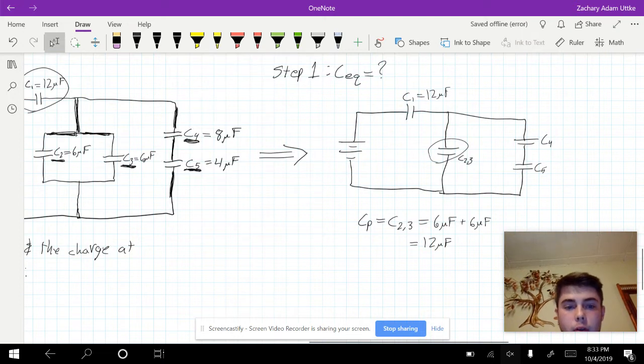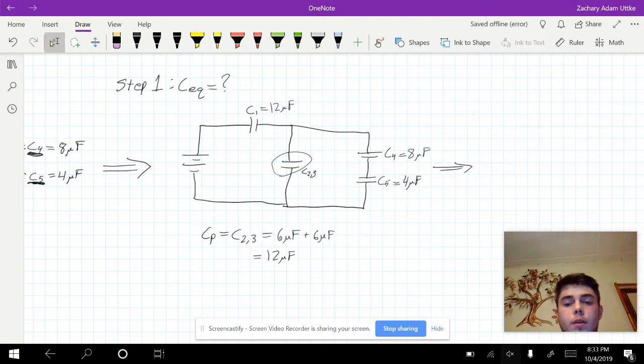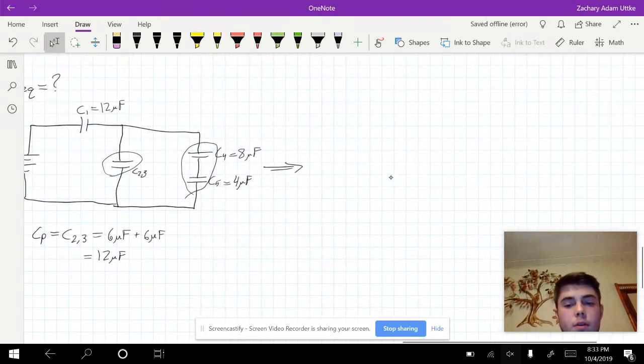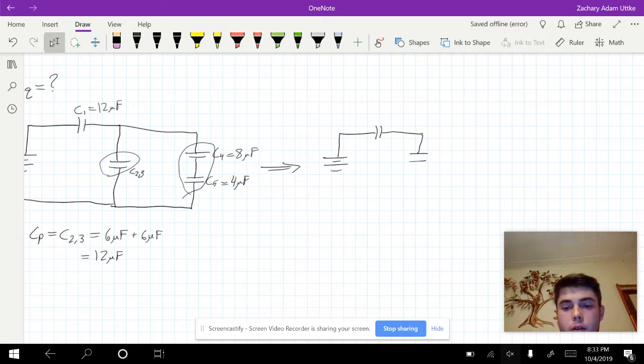This one's still 12, this one's still 8, this one's still 4. And next, we can combine these two right here. So the steps to finding equivalent capacitance is just continuously redrawing our circuit and combining them at each step.